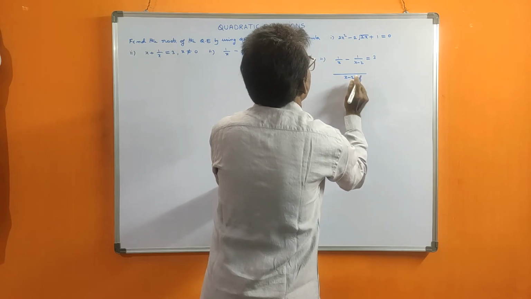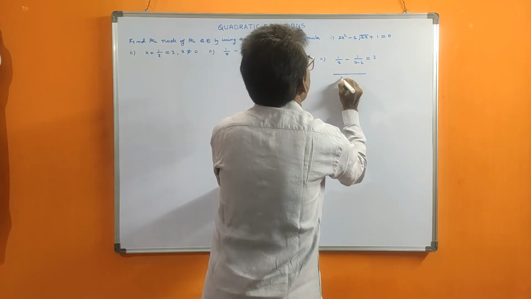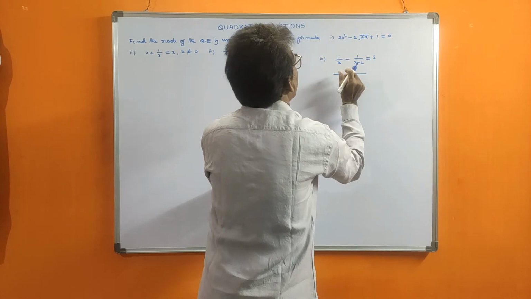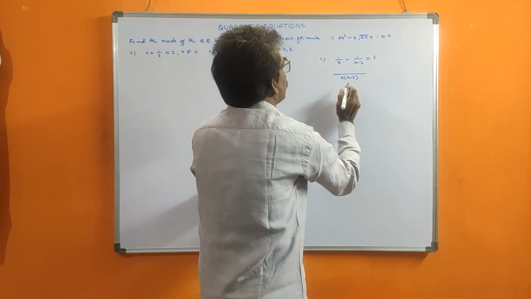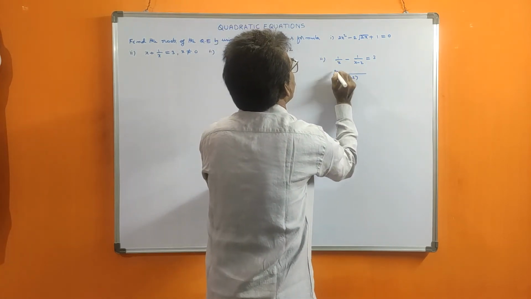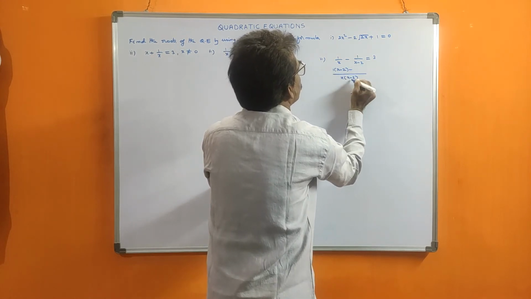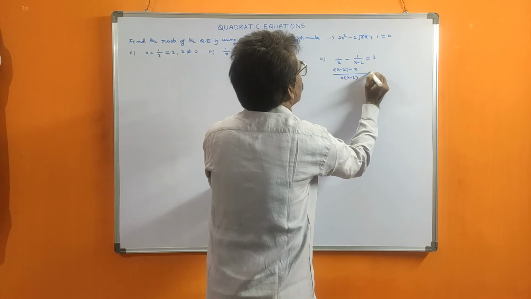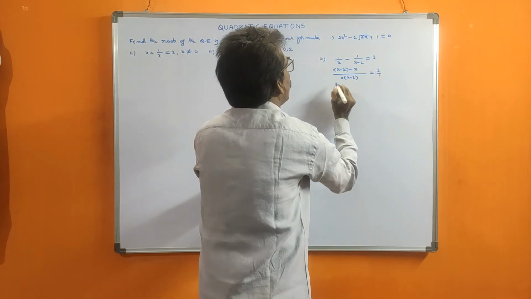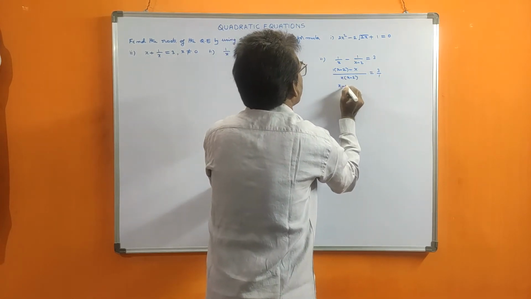X into x minus 2 is the LCM. X cancels, means x minus 2 into 1. So 1 into x minus 2 only, minus; x minus 2 cancels, 1 into x, so x only. This is 3 by 1 you take. Now if you multiply by 1, no change.